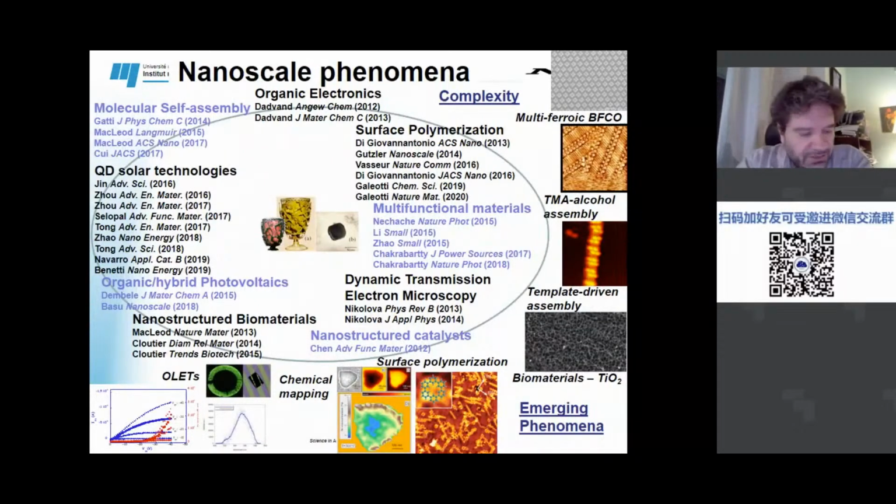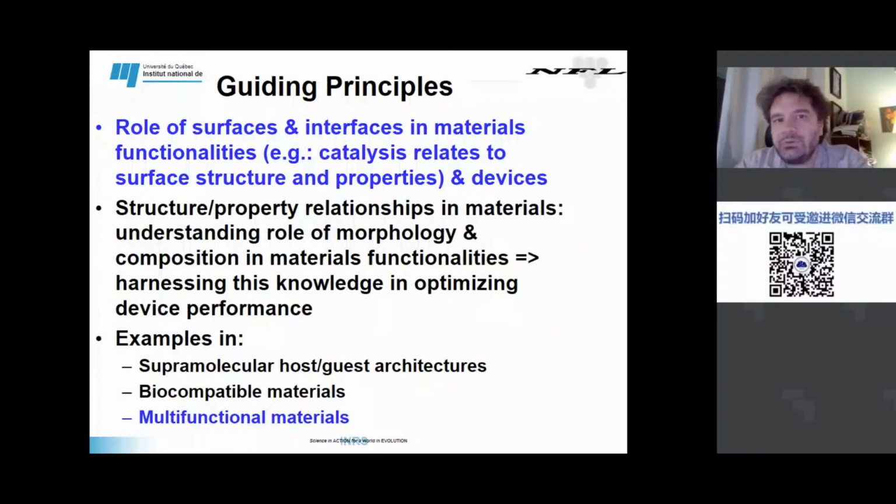So in our studies, there's both a fundamental component in which we try to understand very basic phenomena in nanoscale systems, and a more applied component in which we fabricate devices and we test their performance. So the guiding principle behind what we do is to study the role of surfaces and interfaces to determine how these particular parts of a nanomaterial, the surface and interface, determine its functionalities.